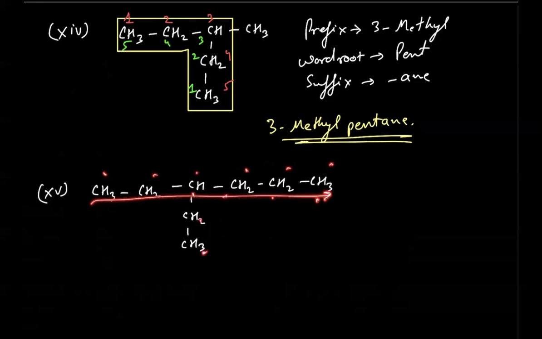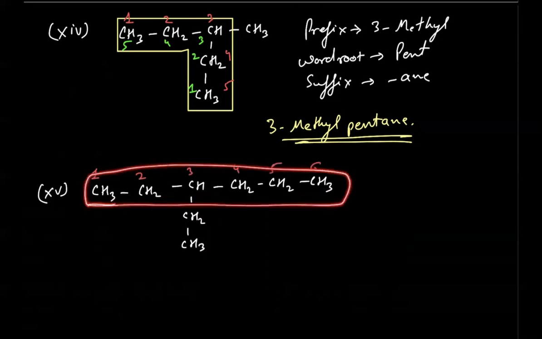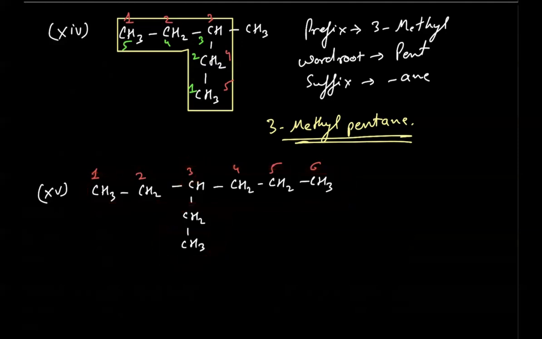In this case, let's also do the numbering on the two possible scenarios. So you have 1, 2, 3, 4, 5, 6. If you take the straight carbon chain, the side chain, because it's 2 carbons, is ethyl, and comes at number 3. Now let's compare it. If we don't do this, we take the bottom carbon chain.